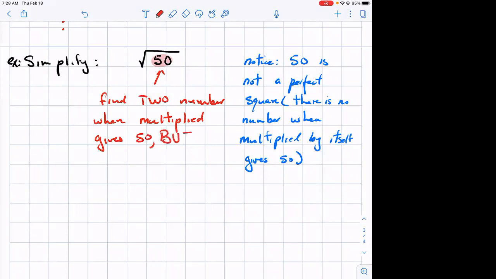But one of them must be a perfect square.